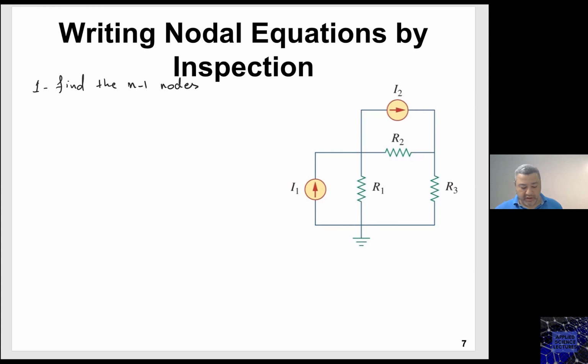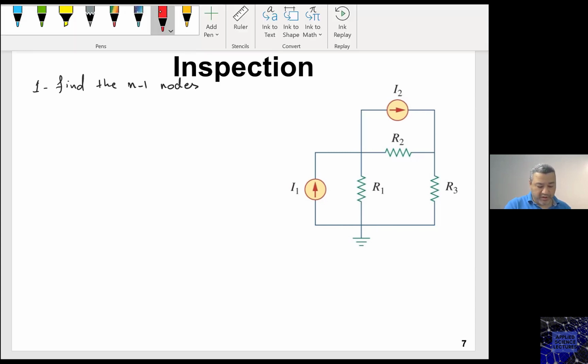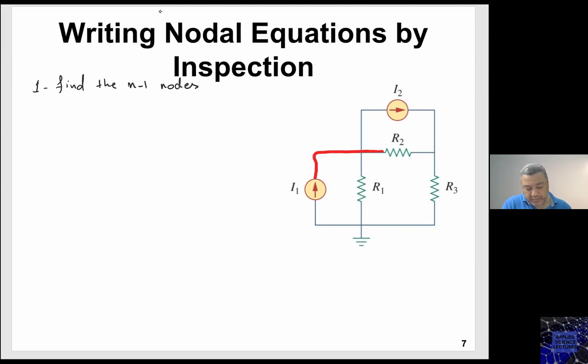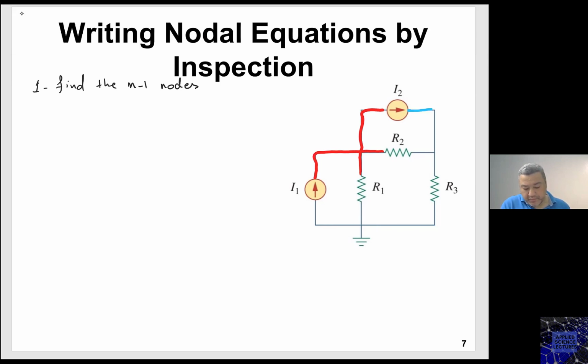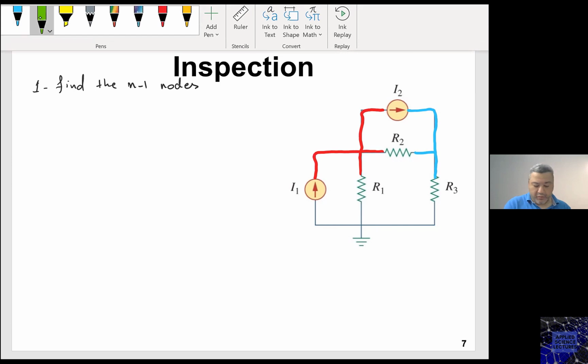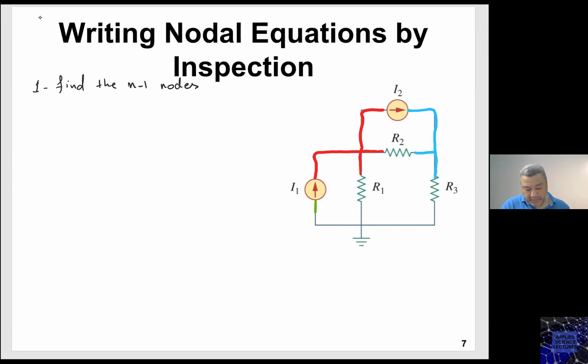So here, how many nodes do I have? Let me write or identify those nodes. So I have one here, I have one here, I have one here.